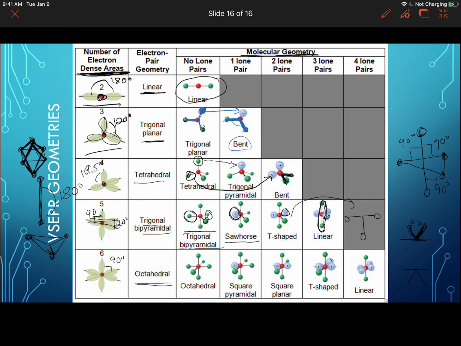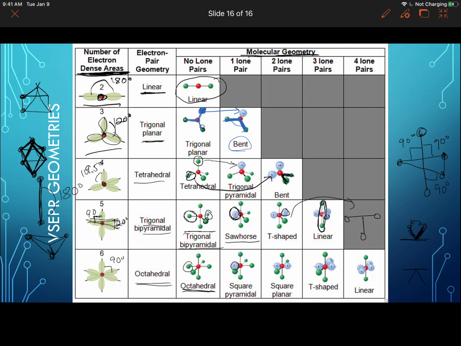going to our molecular geometry, if we have all of our positions occupied by atoms, our electron domain geometry and our molecular geometry are going to be the same thing. If we take one of those electron pairs and one of those atoms, and we replace it with an electron pair, we get a square pyramidal shape. So we have this structure right here.